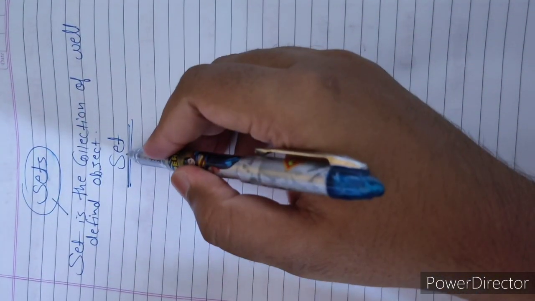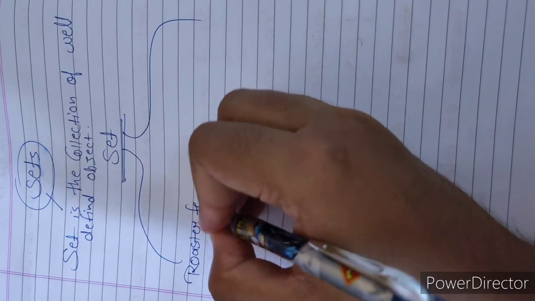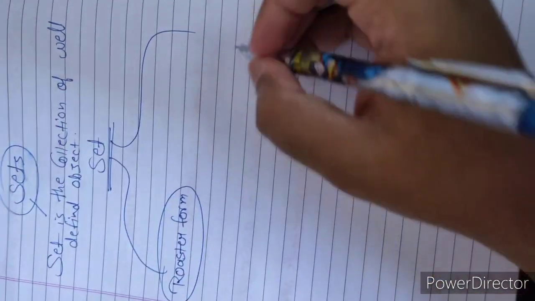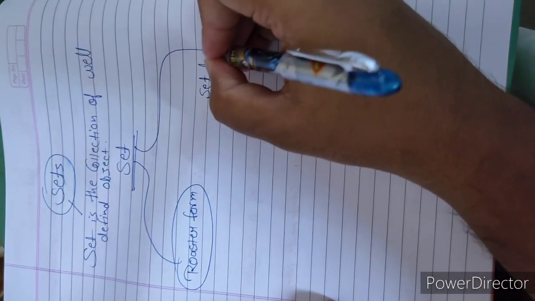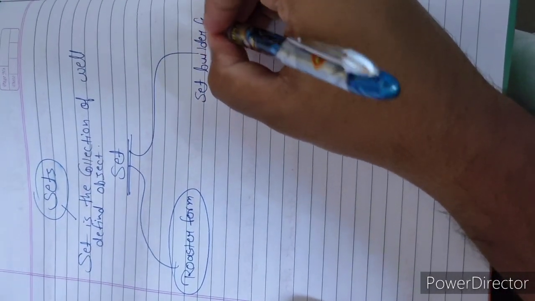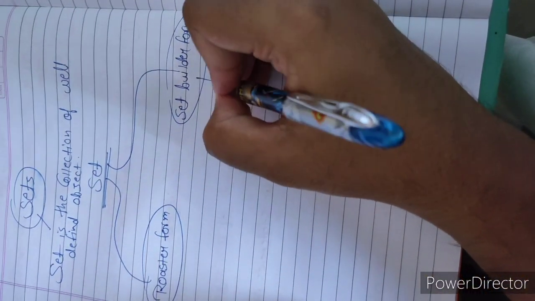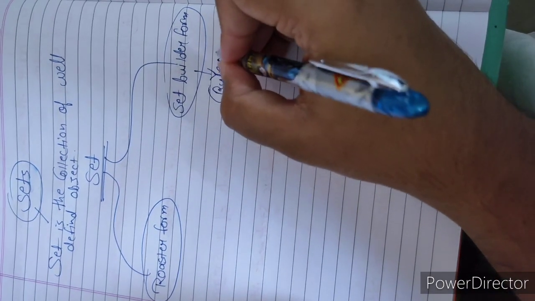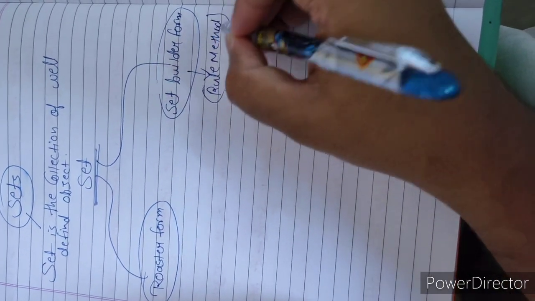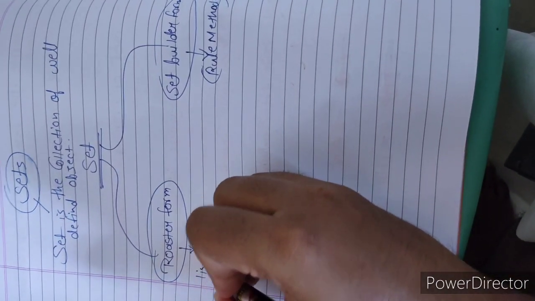The first one is roster form, and the second one is set builder form. Set builder form is also known as the rule method, and roster form is also known as the listing method.